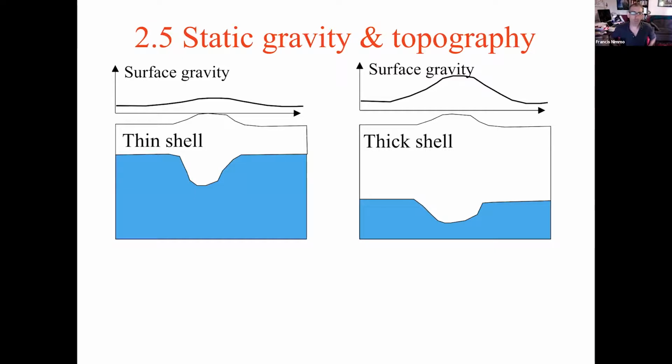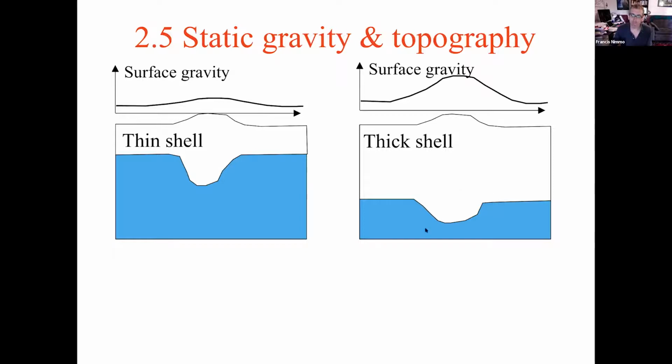Okay, Peter talked about static gravity and topography, and so did Anton. And this is actually a diagram very similar to what they showed. But the point is that you can use measurements of the gravity to distinguish between a thin shell and a thick shell. If you have a thin shell, then the mass excess and the mass deficit are close to each other, and so they almost cancel out, and so you get a rather small gravity anomaly.